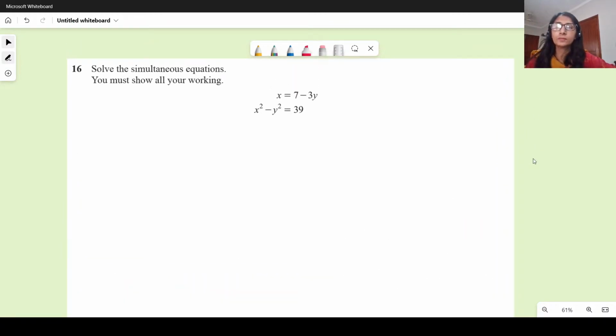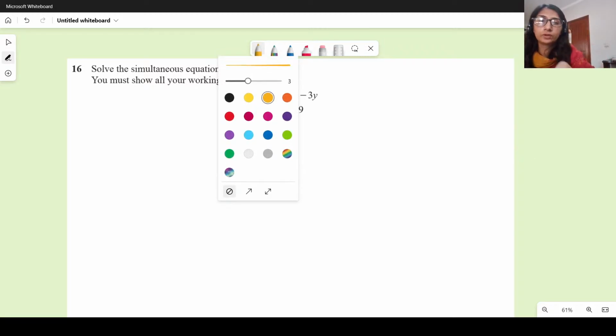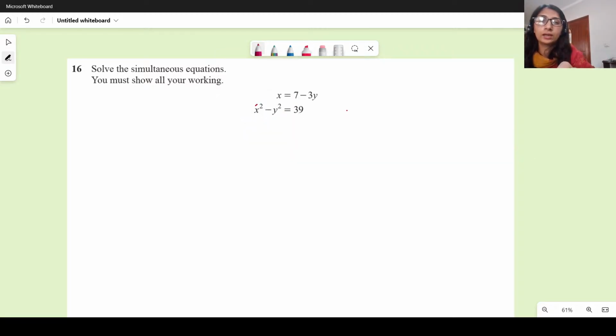Okay, solve the simultaneous equation. We have a linear equation and then we have a quadratic equation. So what we'll do first, by substitution, I'll write 7 minus 3y here.